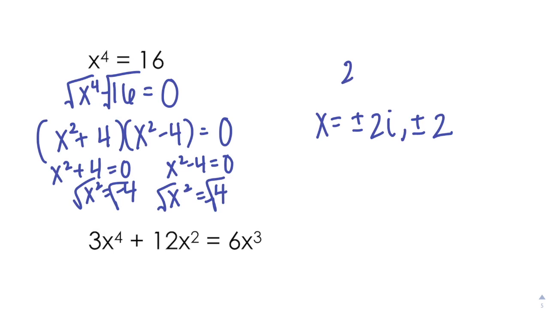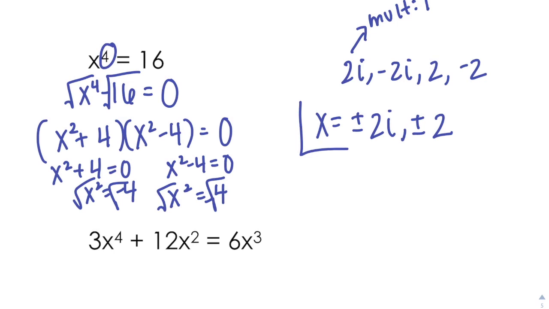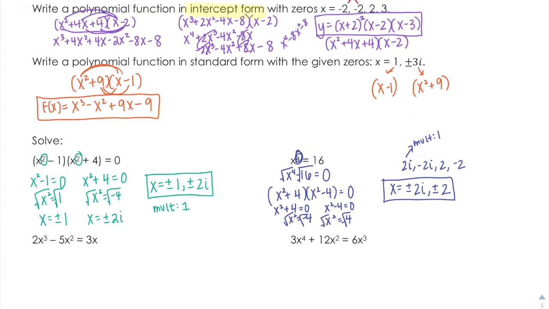So that's 4 answers. That's 2i, that's -2i, that's positive 2 and -2. 4 answers, x to the power of 4, which means the multiplicity of each one has to be 1. If you add up your multiplicities, they have to add up to whatever your highest exponent was.